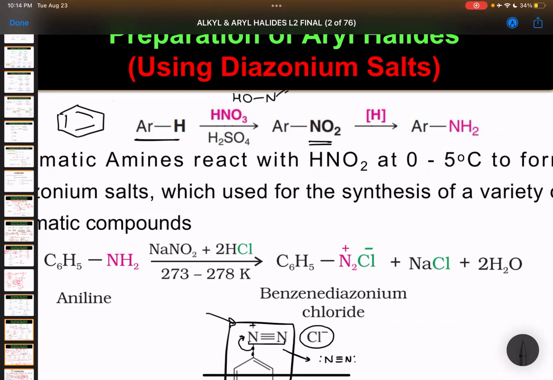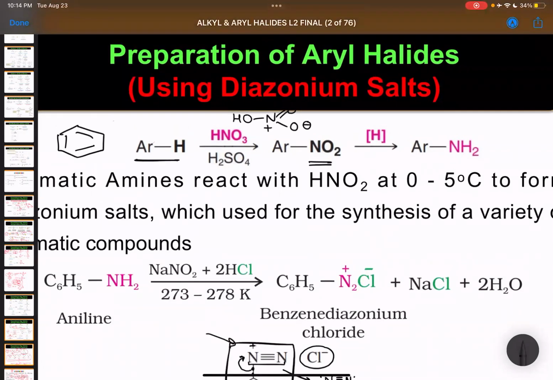Have you seen nitric acid in your lab? Nabil? I have seen. What color does it have? It is colorless, sir. Pure nitric acid is colorless, but over a period of time it changes to yellow color.